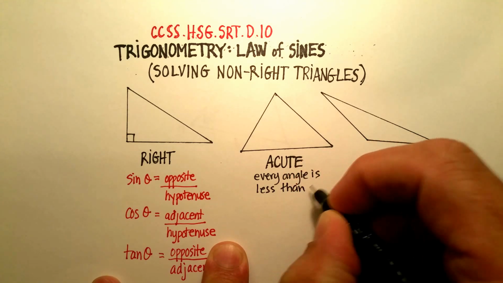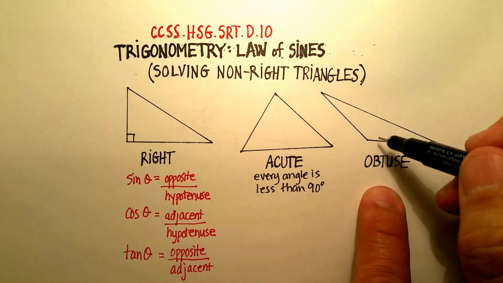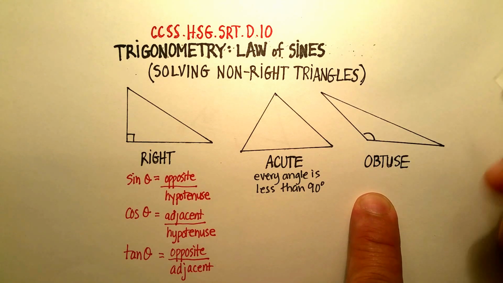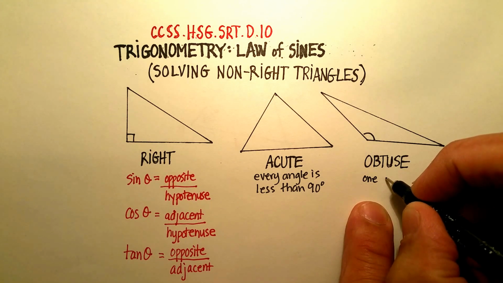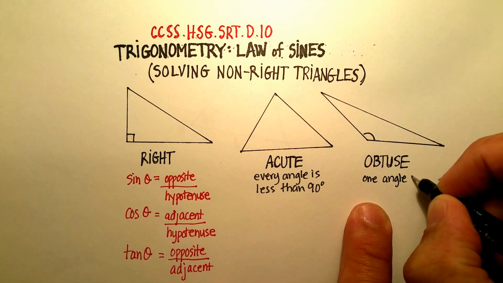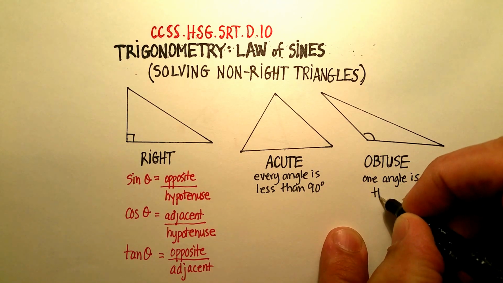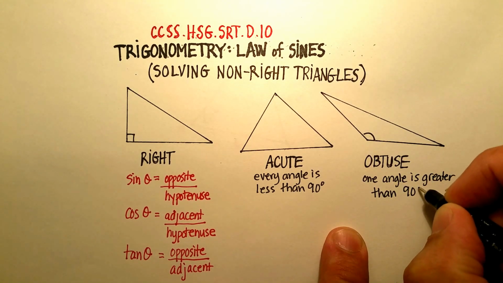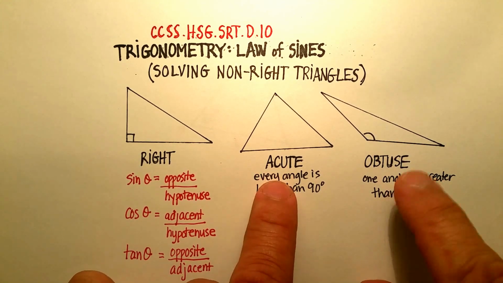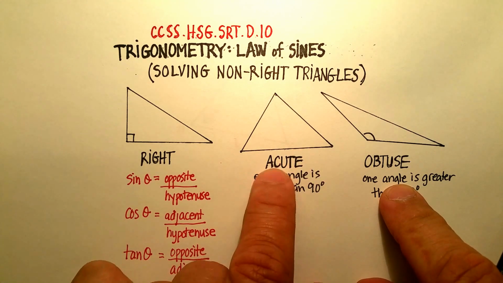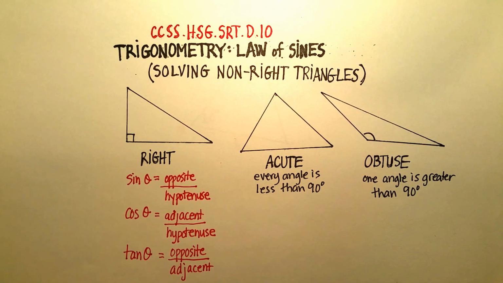And then you have an obtuse triangle where one of the angles, in this case this one right here, is greater than 90 degrees, which again means that the other two angles have to be acute. So remember the difference between the two: in an acute triangle, every angle is less than 90, and in an obtuse triangle, one of them is greater than 90, and the other two are even smaller acute angles.